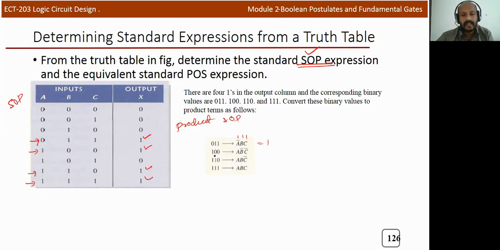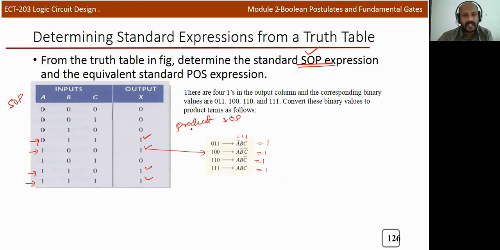Another term is 1 0 0, represented here. Here A is equal to 1, B bar should be equal to 1, so B is equal to 0, and here also the function output is equal to 1.